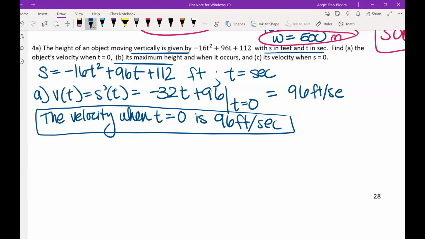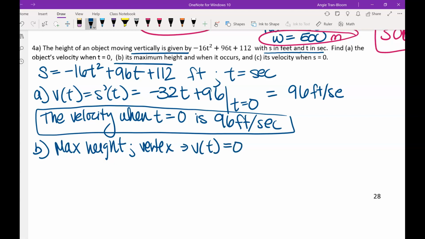Then part B says, find its maximum height and when it occurs. So B, maximum height, students, it's at the vertex. Well, vertex is when velocity must equal 0, because that's when the horizontal tangent is.